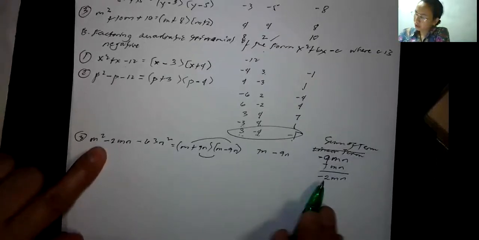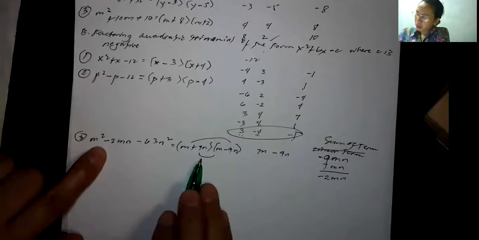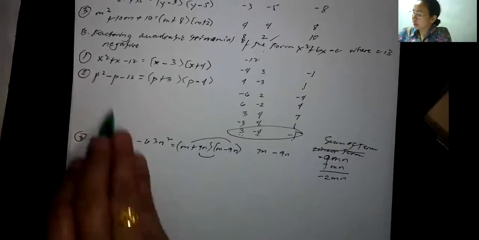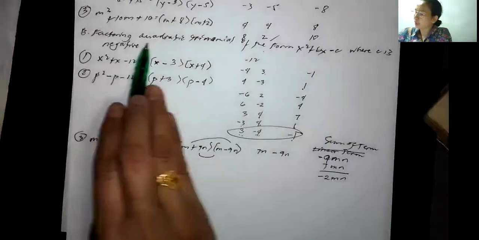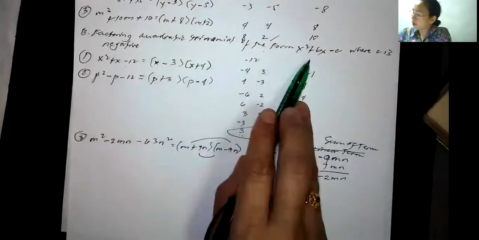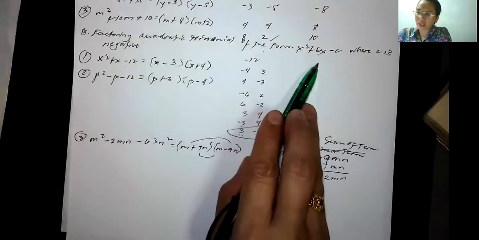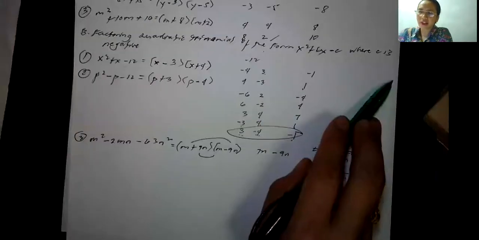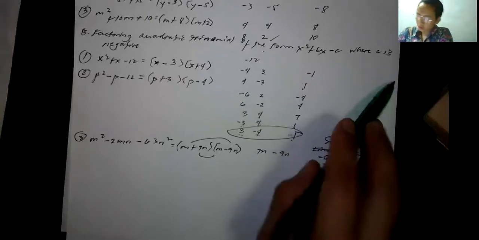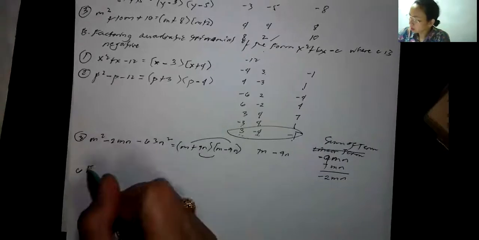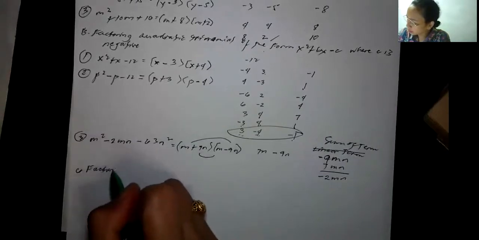So the factor is m plus 7n and then m minus 9n. So those are the examples of factoring quadratic trinomial of the form x squared plus bx minus c, where c is negative. So let us have letter C. Factoring quadratic trinomial.